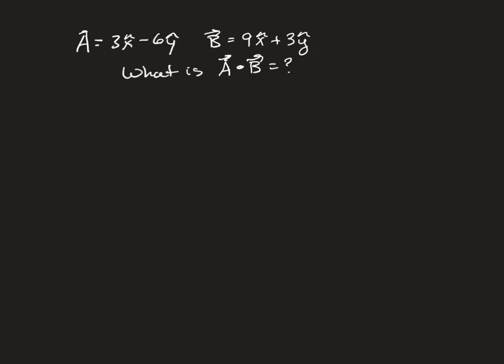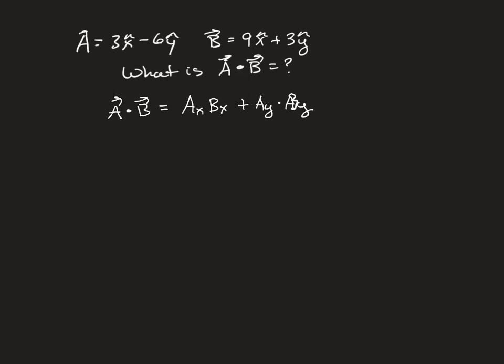Since we already have the components, the quicker way to do this is to use this relationship here, where we take the x-component times the x-component plus the y-component times the y-component.